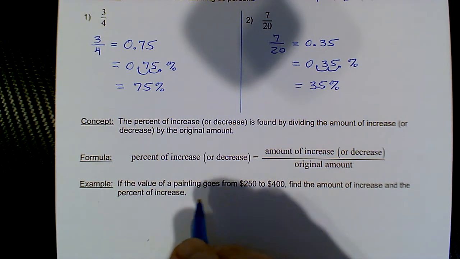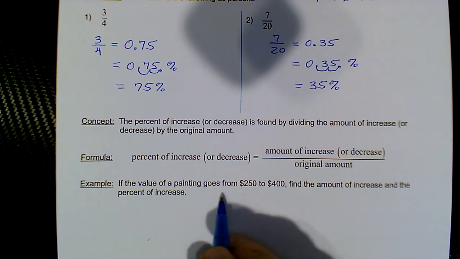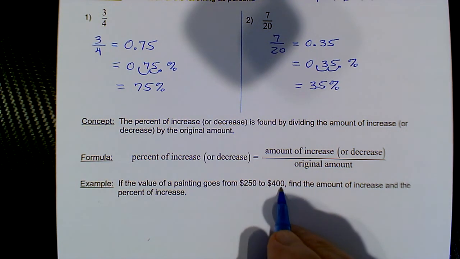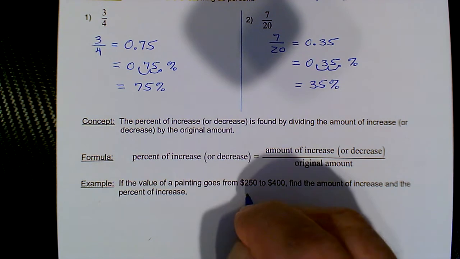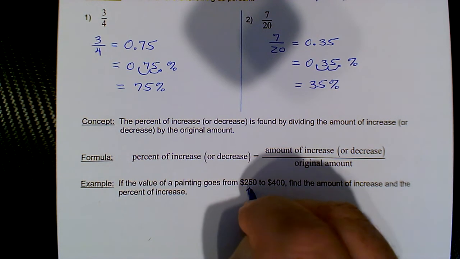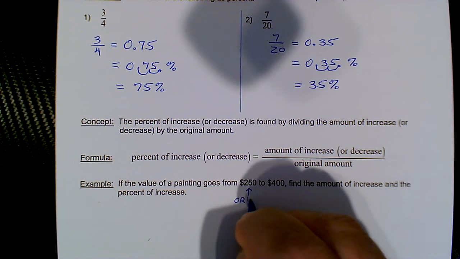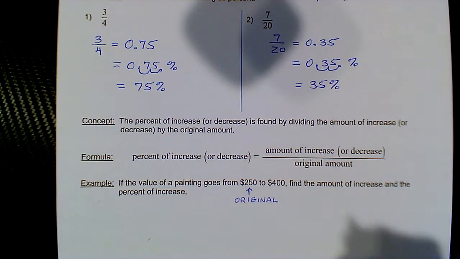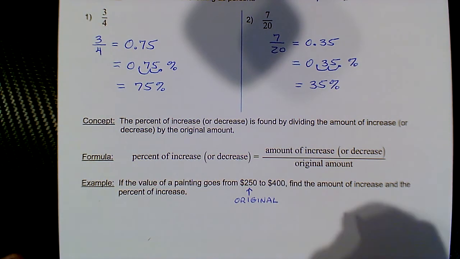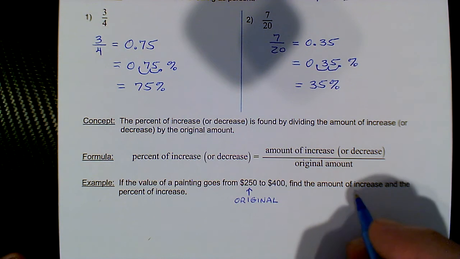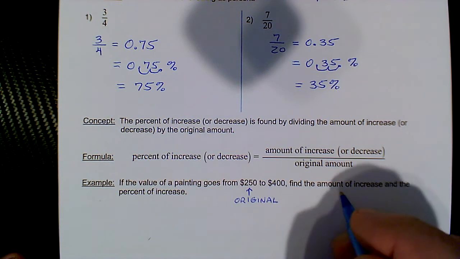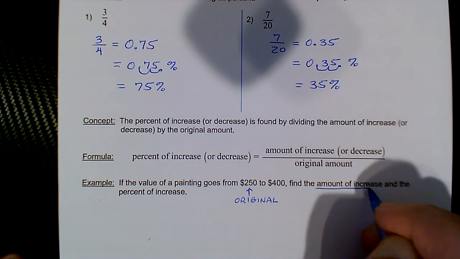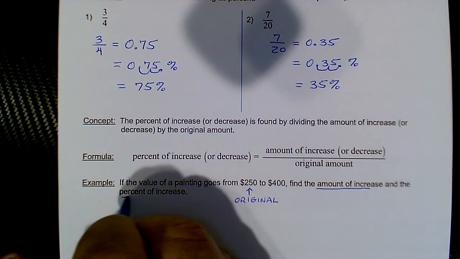And so in this example, we have a painting that goes up in value from $250 to $400. Just note that the $250 is the original amount. And so we're first going to find, now this is an increase problem, the amount of increase.